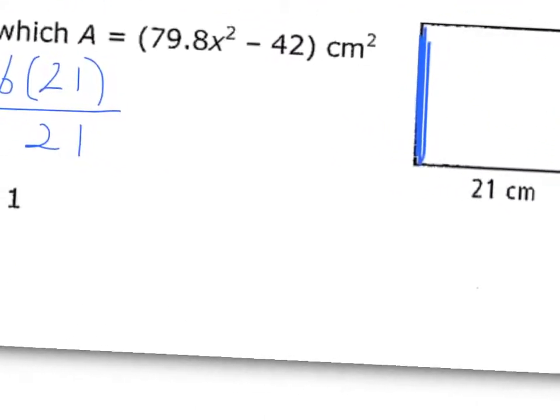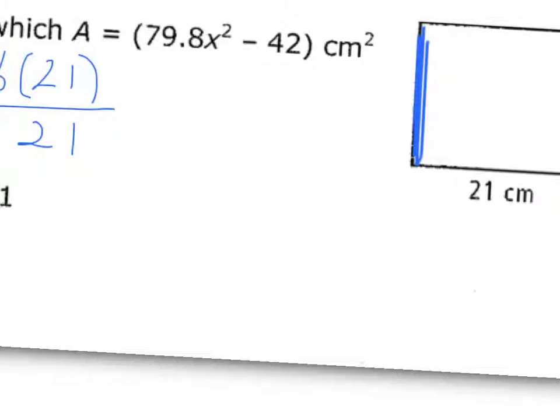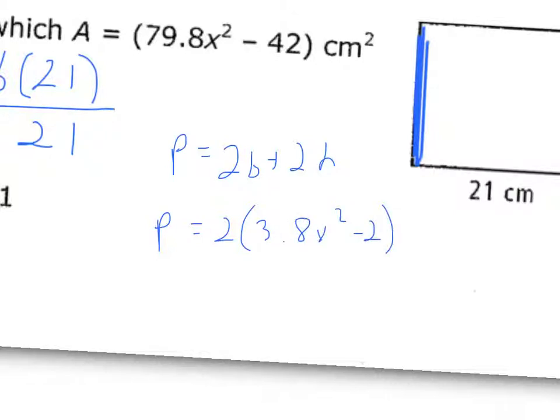How we find perimeter is perimeter equals 2 times your base plus 2 times your height, and we just plug in that information. So perimeter equals 2 times what we just found for our base, which is 3.8x squared minus 2. And we're going to add that to 2 times our height, which was 21.